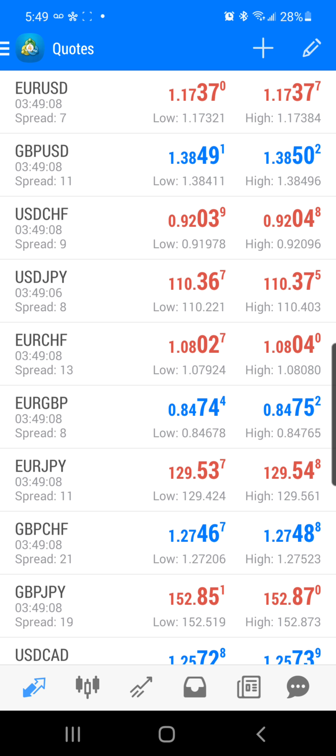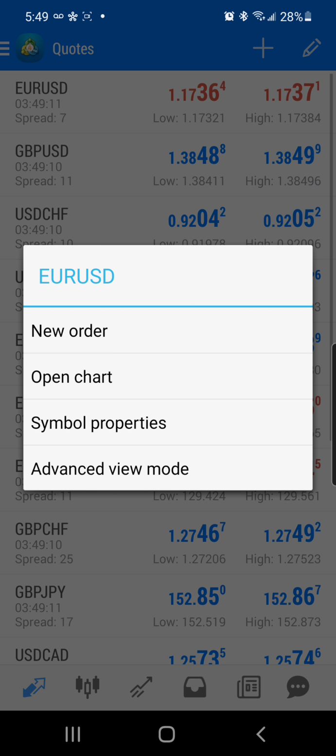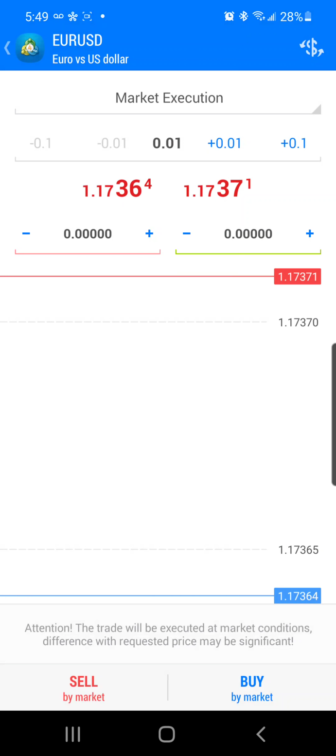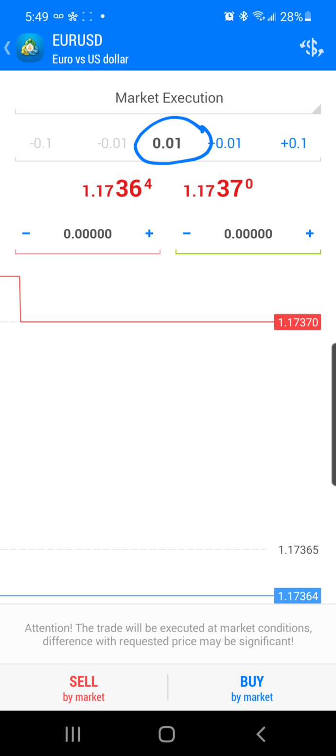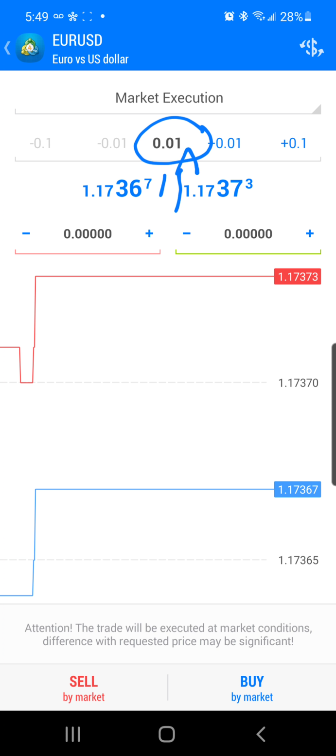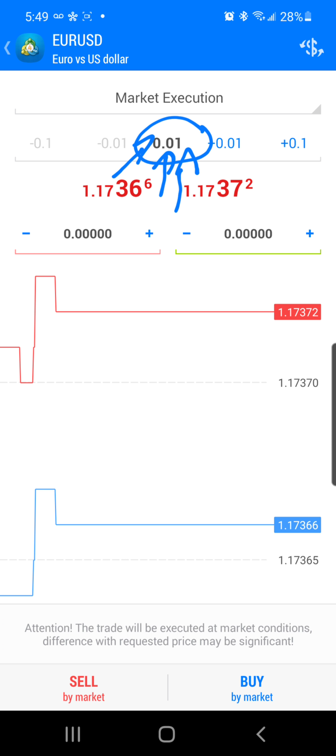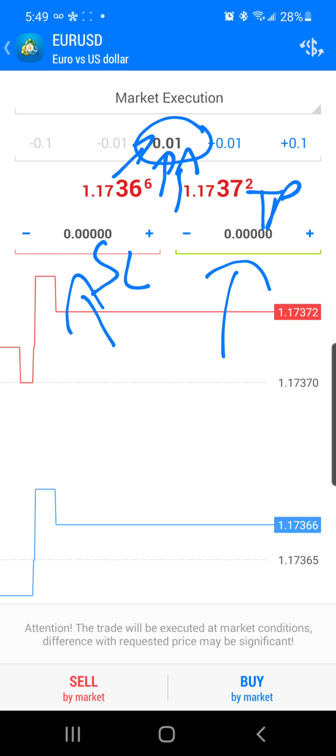If you want to put in an order, all you literally do is press this, go to new order, and this is where you put your lot size. Micro lot, mini lot starts here, and standard lot starts here. These little things right here are called a take profit and a stop loss.